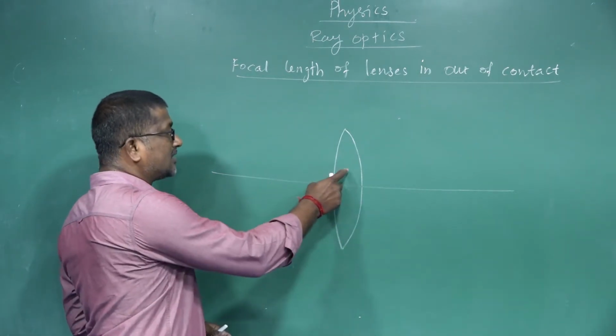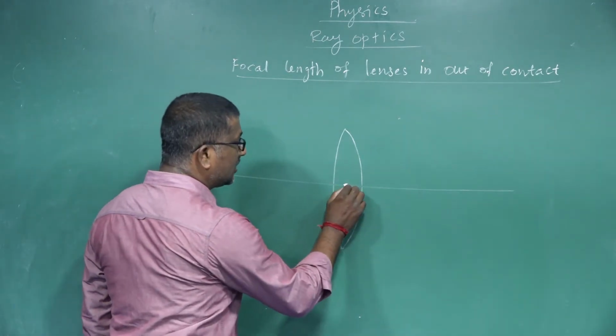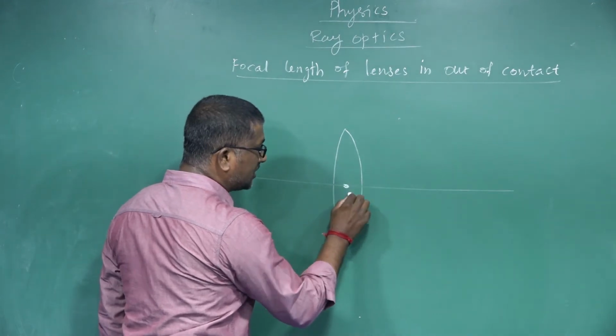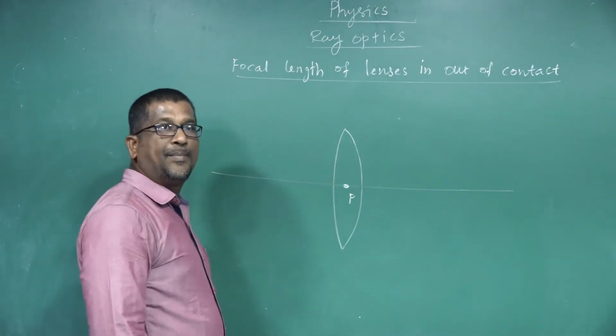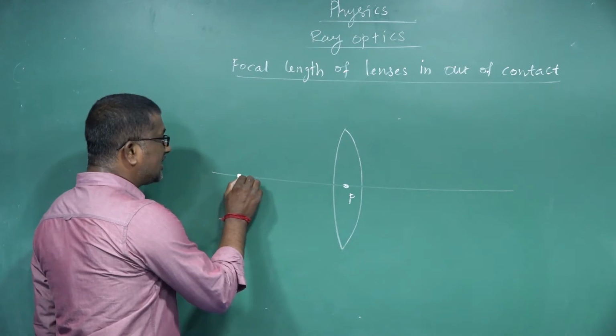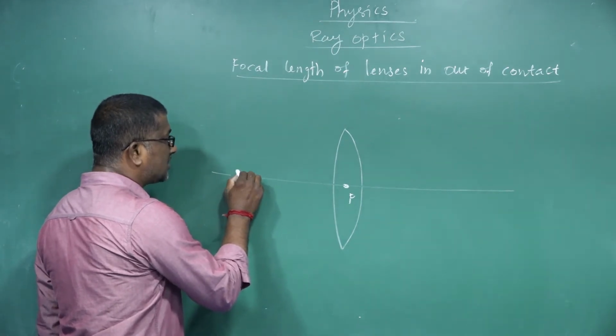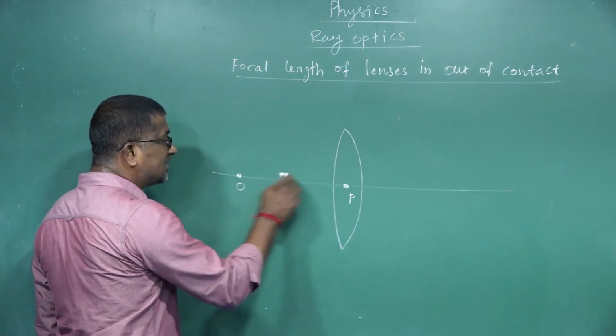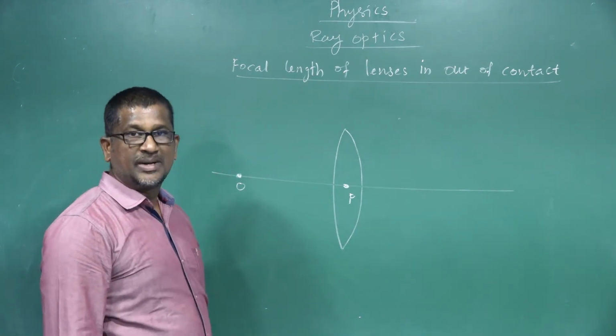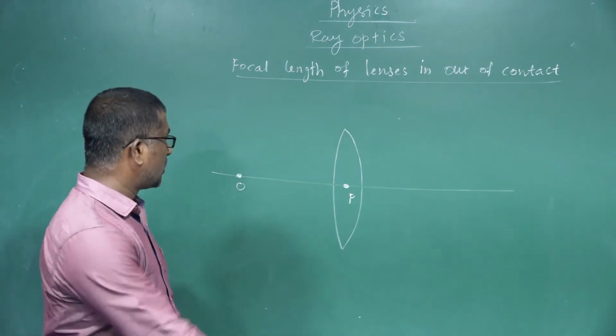And the optic center of this lens is denoted by P, and there is a point object, suppose O, which is placed on the principal axis.